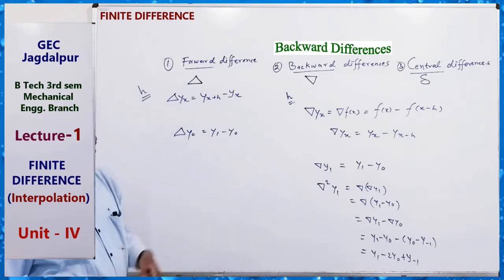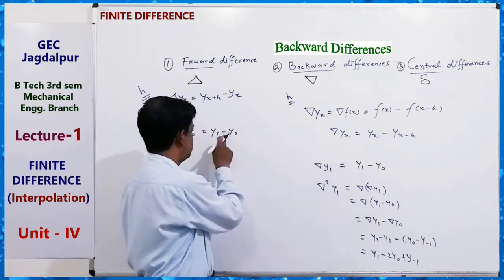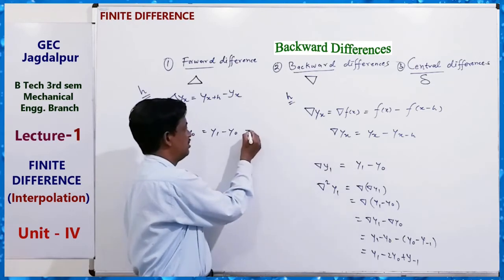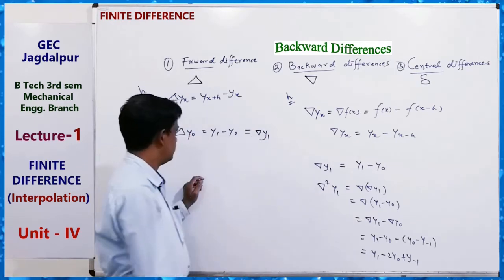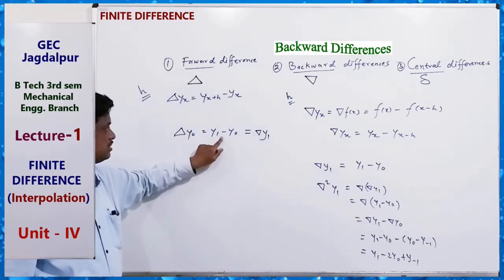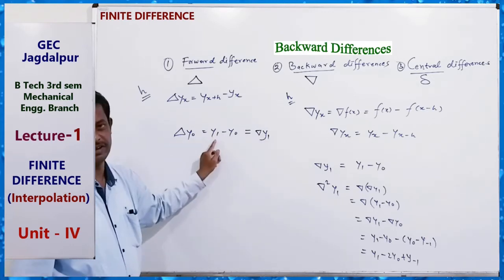This is the backward difference. Clear? So the same thing can be written as the backward difference of y1. This is the forward difference of the same difference. This difference is the forward difference of y0, the backward difference of y1.